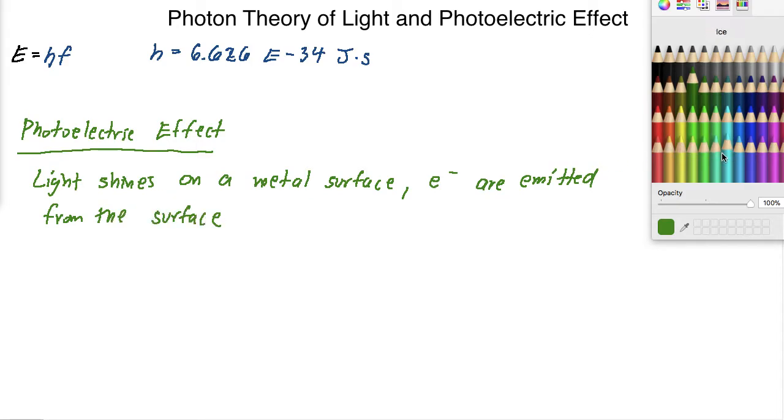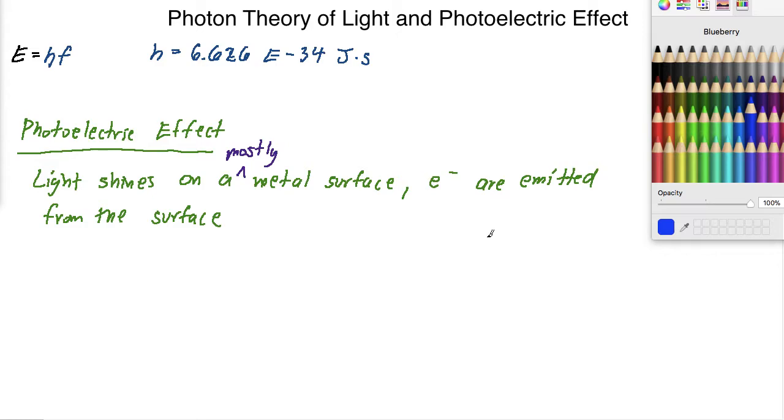Now, I would like to add something in here, which is from my personal experience: mostly metals, because this can happen with other surfaces as well that are not metals, but metals, if you can recall from chemistry, if not, you're just going to have to believe me on this one, metals have a cloud of electrons around them, which gives them a little bit more flexibility to emit electrons when some energy is shined into them.